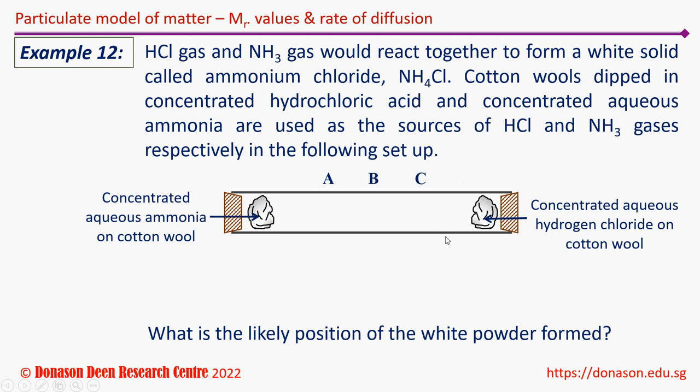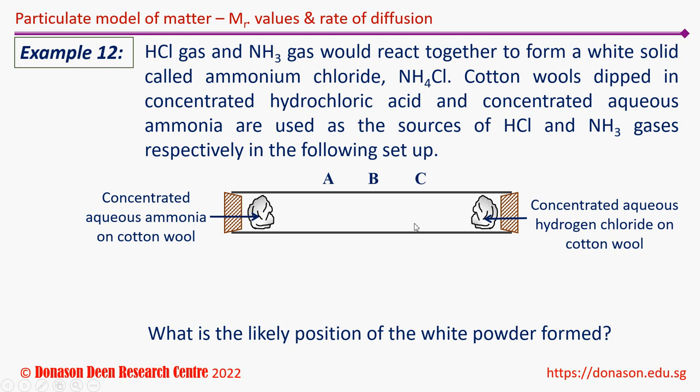We will do it in a simple way. Cotton wools are dipped in concentrated hydrochloric acid, a fuming acid. So the fumes of hydrogen chloride gas are going to start diffusing into the space here. And with concentrated aqueous ammonia on cotton wool, the ammonia gas is going to start diffusing out.